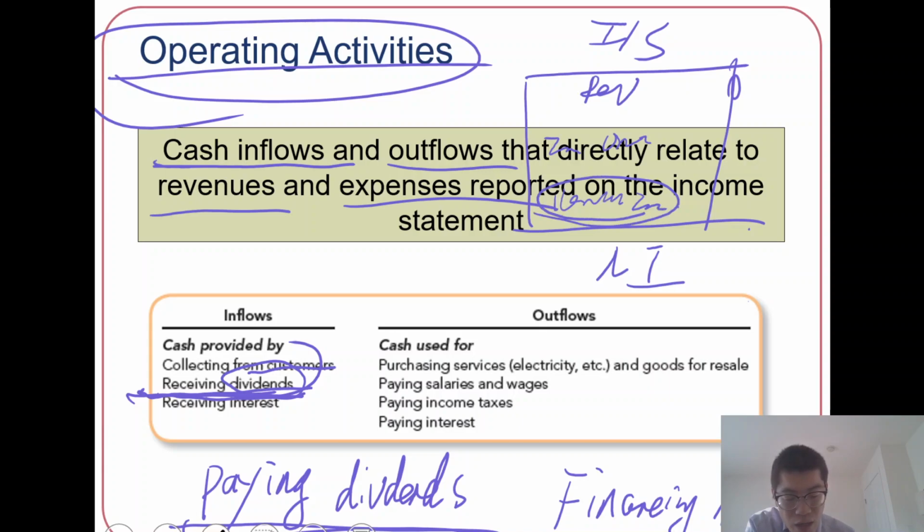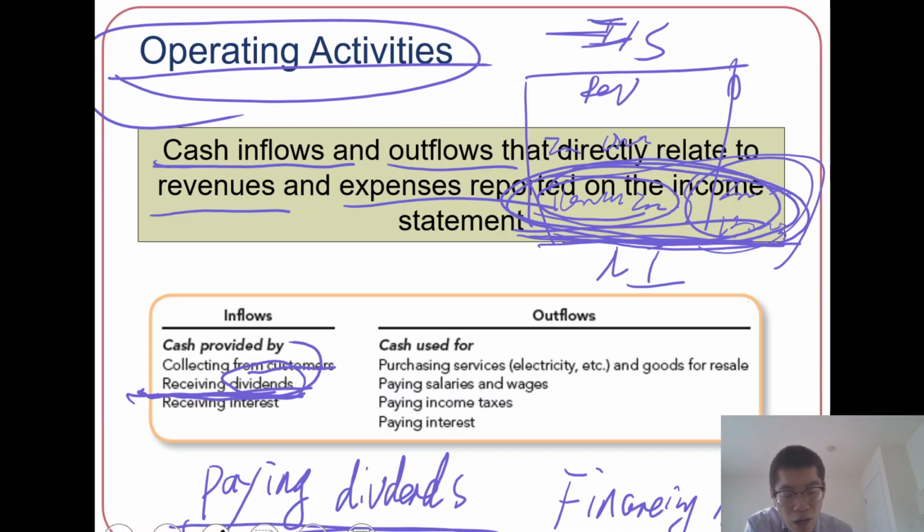And other income includes interest income, dividend income, and per GAAP, all these non-operating earnings also have to be reported on the income statement. So that is why receiving dividends also has to be reported as operating activities cash inflow.